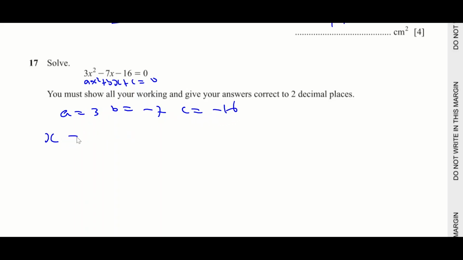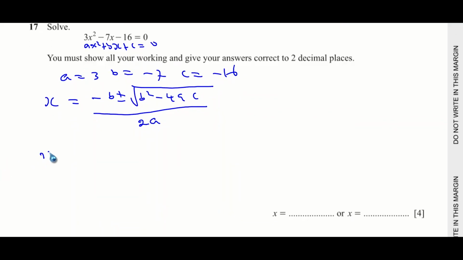The formula is x equals minus b plus or minus the square root of b squared minus 4ac, all over 2a. So if you key in the values, x equals, you don't have to waste time here.